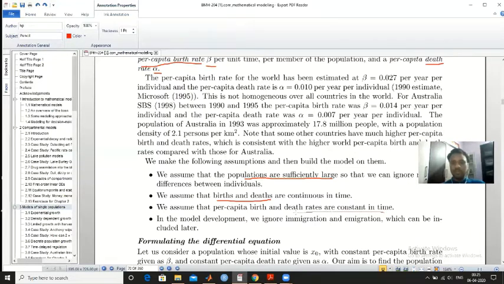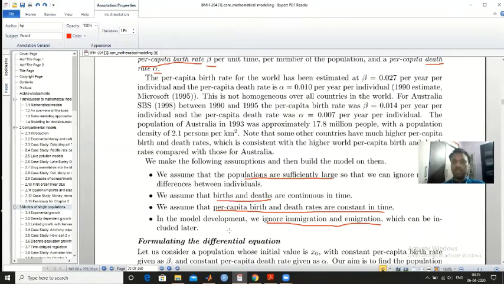So we assume that per capita birth and death rates are constant in time. The next assumption is that beta and alpha are constant, because they may vary with respect to time, but we are not taking these parameters as variables with respect to time. They will remain constant. And third, in the model we ignore immigration and migration, which can be included later.